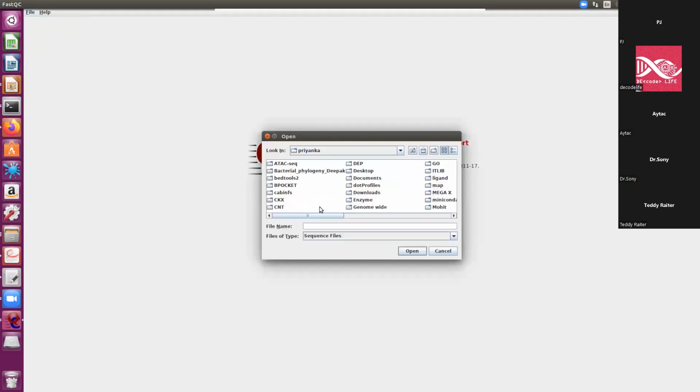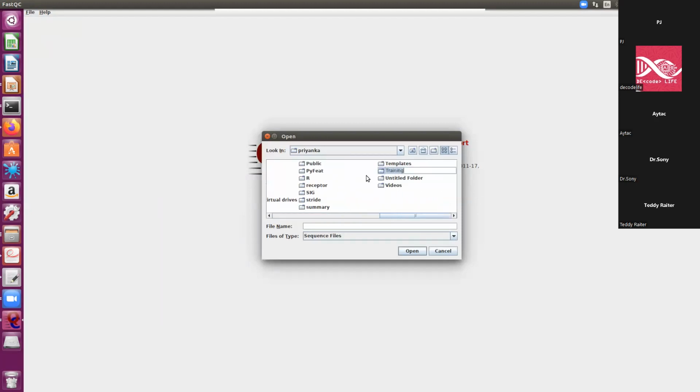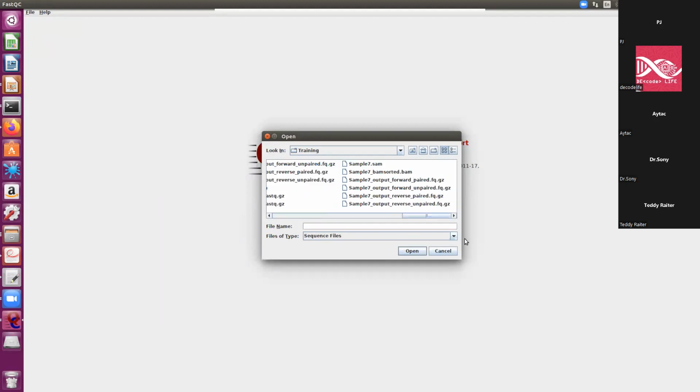Now you will go to the path wherever you have saved the file which I have sent you by email. In that I have actually given all the raw and all the analyzed files, but you will first use the raw files. You will see files named sample1 R1 and R2.